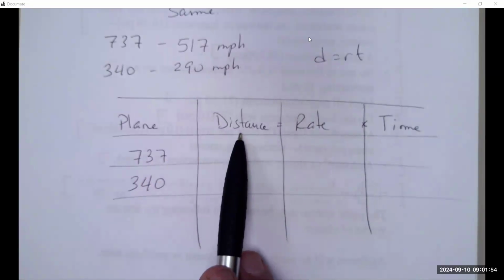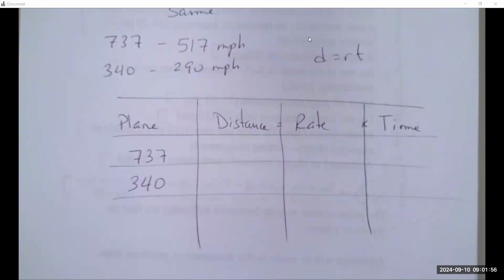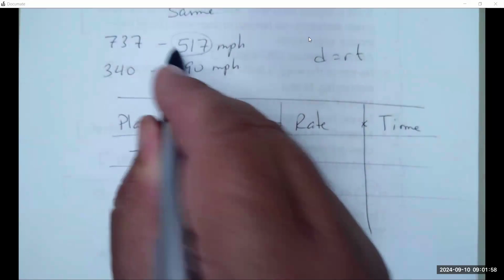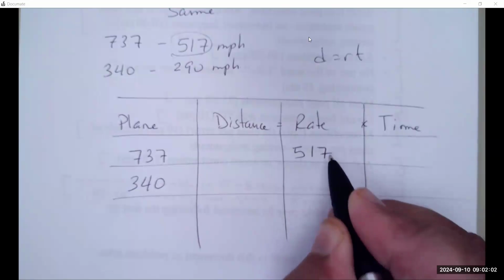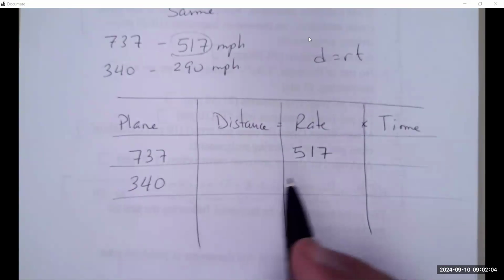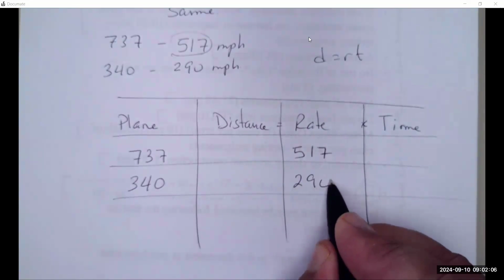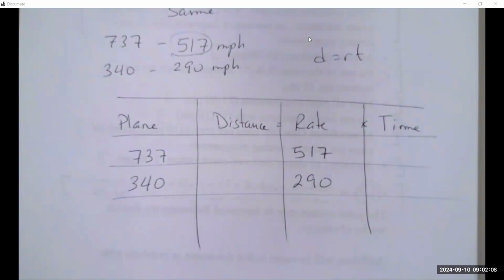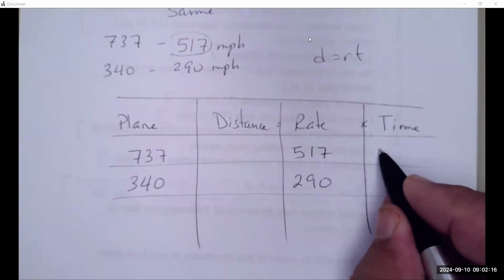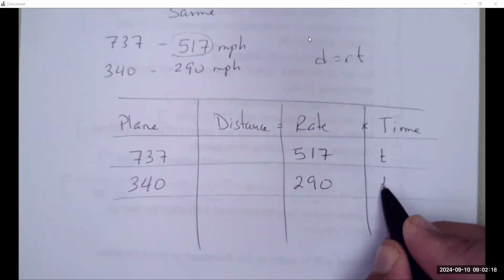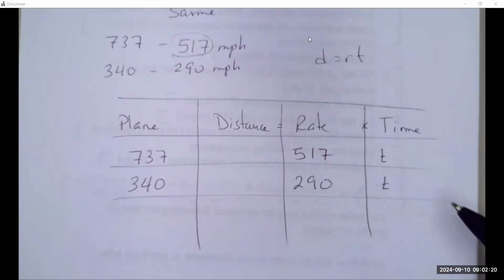So it gives us 517. Is that the distance, rate, or time? It's the rate, the speed at which it travels. And the Saab is 290. The time: if they took off at the same time, the times would be equal.